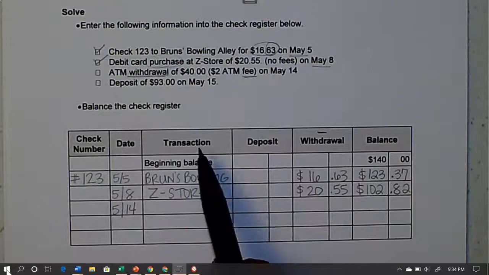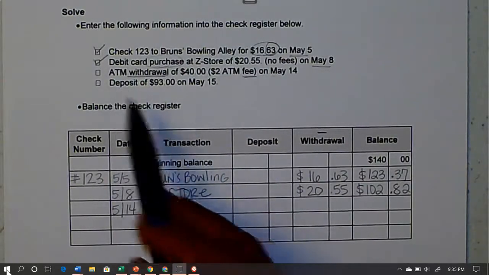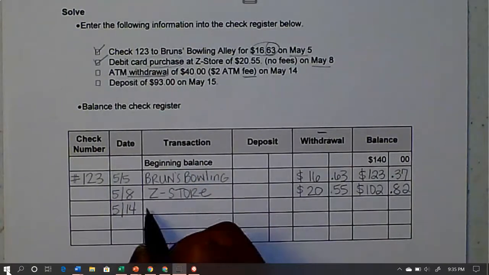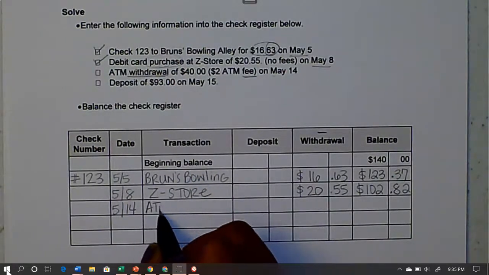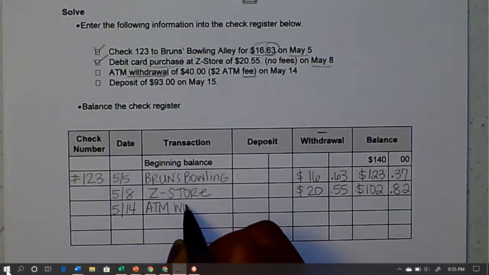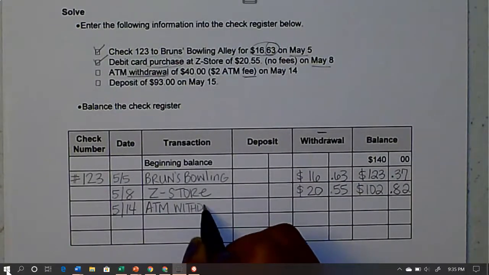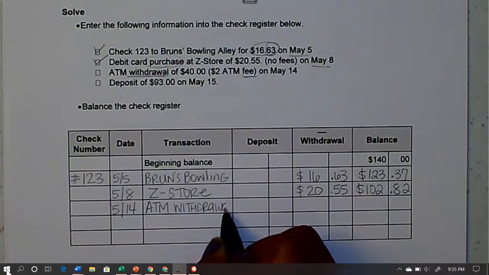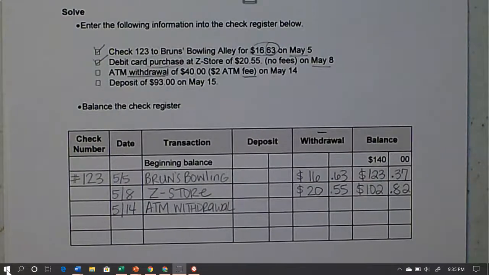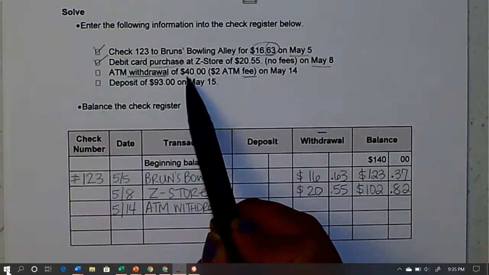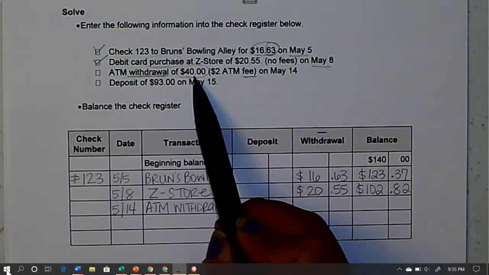For here, since it's not at a store, but we're at an ATM, I just like to put ATM withdrawal. Now the amount that they wanted was $40.